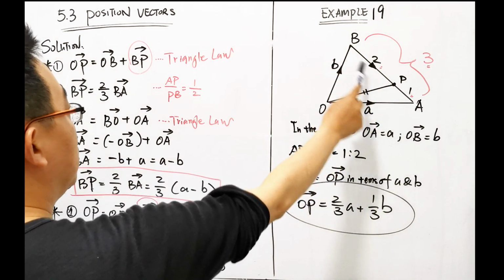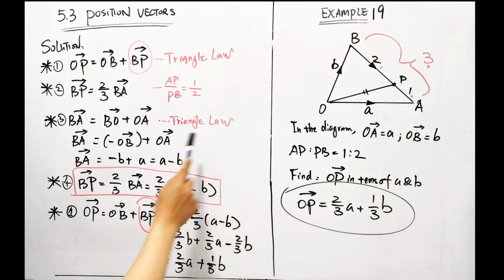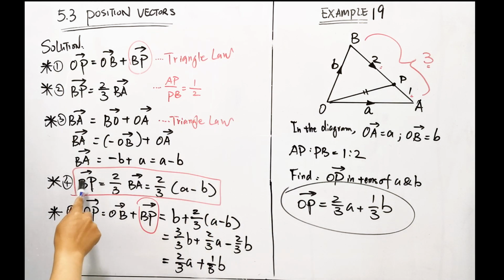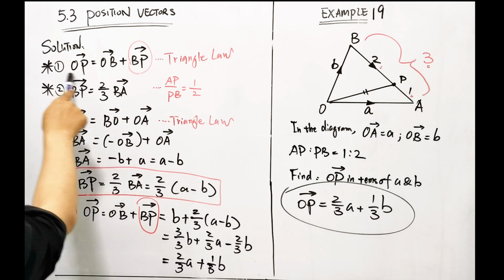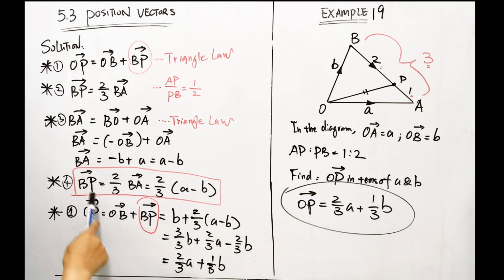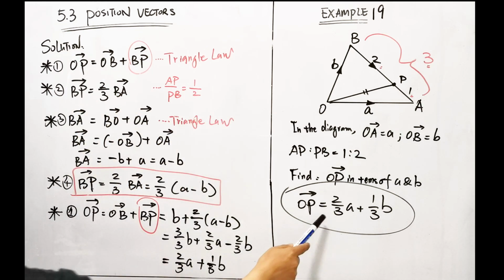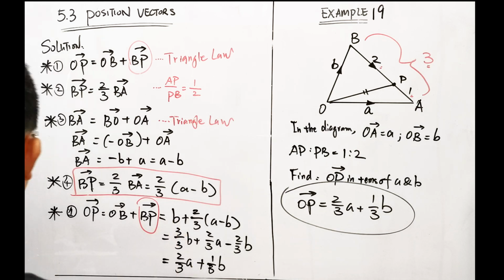To find the BA, we use the triangle again. Then once we find the BA, we bring it in and find the BP. From here, OP, we come back to the first one, bring in the BP, and find our answer. Quite straightforward. We use the triangle two times.